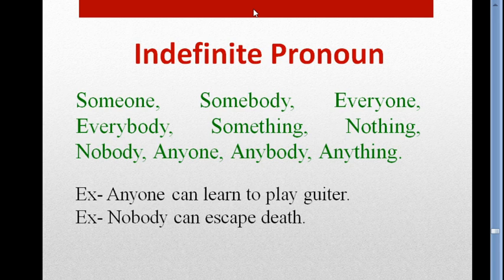Example number 1. Anyone can learn to play guitar. Example number 2. Nobody can escape death. Now, why do we use indefinite pronoun? We use indefinite pronoun to indicate indefinite person or object.